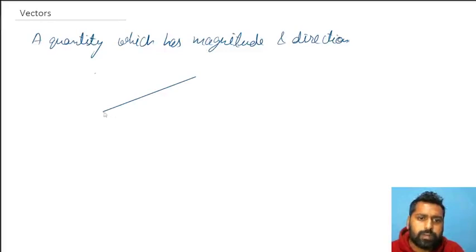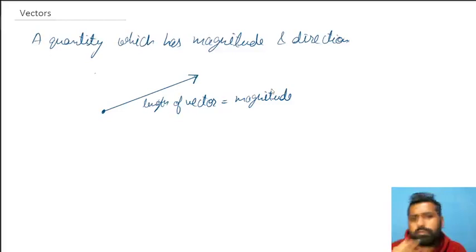Now, in order to represent a vector, it is represented with the help of an arrow. It has a starting point and a terminal point, and this length represents its magnitude. So the length of the vector is equal to the magnitude.